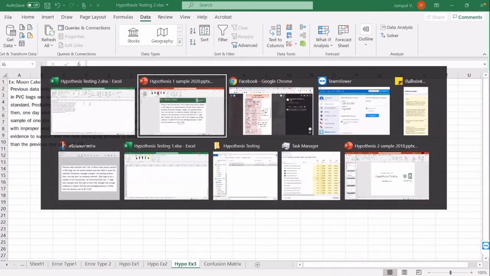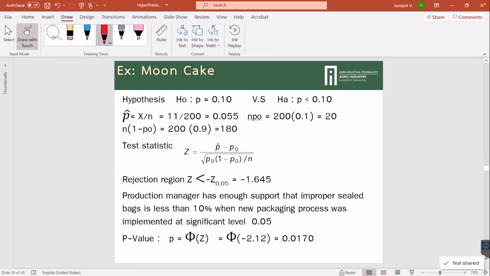We can do the calculation by using this formula: we put P hat here minus P0, divided by the square root of P0 times 1 minus P0 divided by N. With that, we have Z equal to minus 2.12, and the p-value is 0.017.